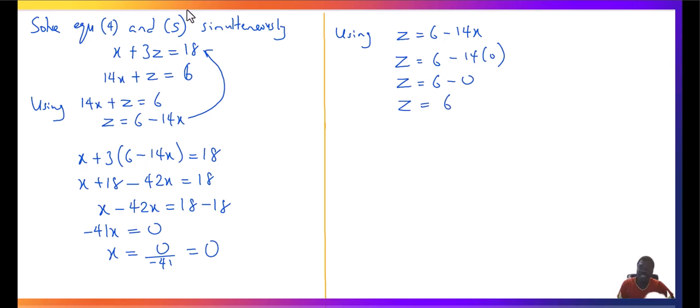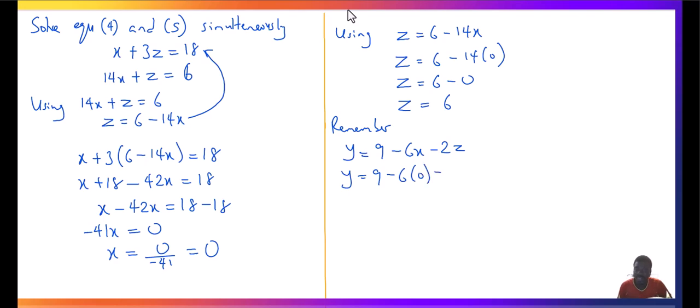Finally, let's find the value of y. Finding y. Remember, what is our y? Our y is equals to 9 minus 6x minus 2z from the beginning. So input your x and your z. So my y is equals to 9 minus 6 multiplying 0 minus 2 into bracket 6.